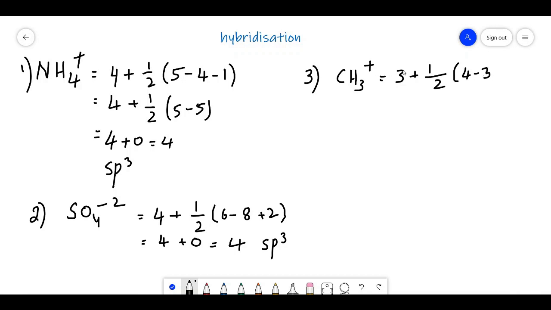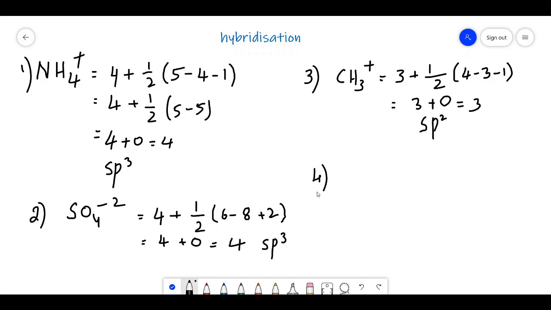Whenever there is a plus charge you have to subtract 1. So this is equal to 3 plus 0. Sorry, this is equal to 3. So the hybridization you are getting is sp2. So 3 means hybridization is sp2.